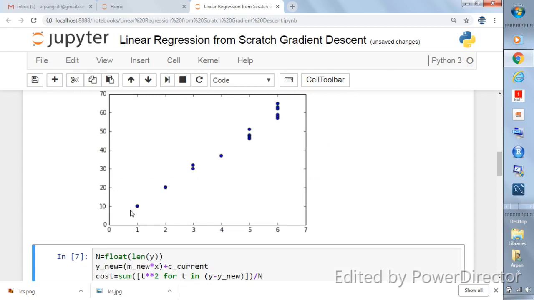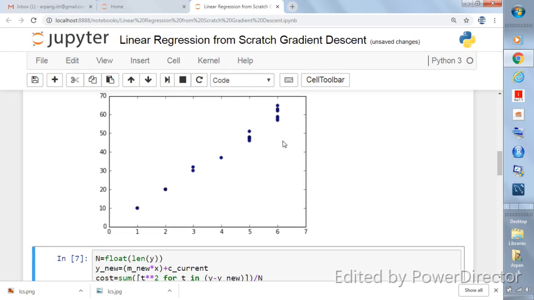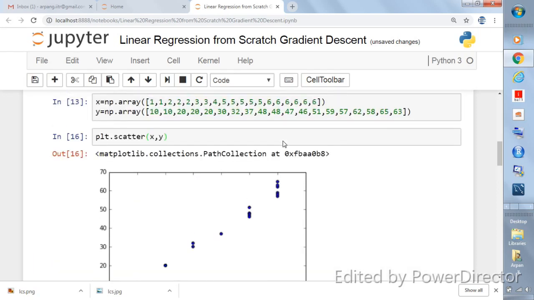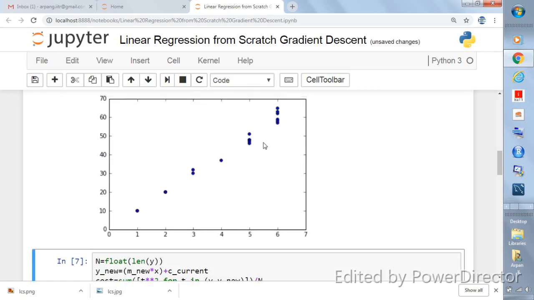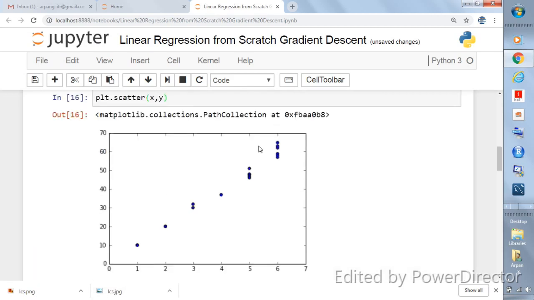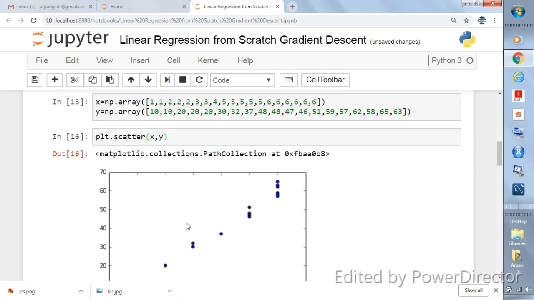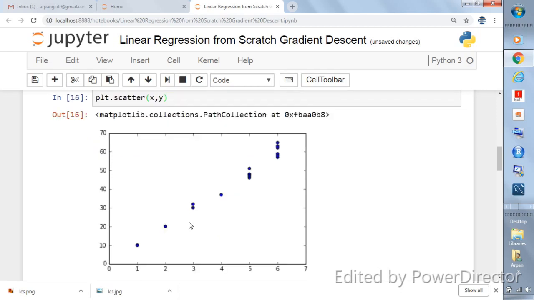We can see a line passing through all these points, so this data can be explained with linear regression. Maybe the data has a little curvature, or a lot of variance when x is equal to 6. We will not bother about those things. Let's consider that we have this data and we want to implement linear regression on it.